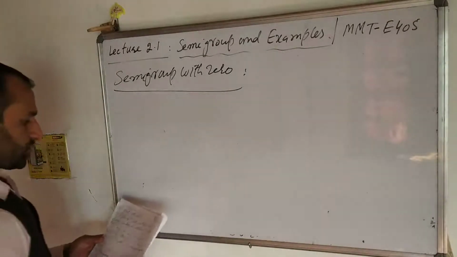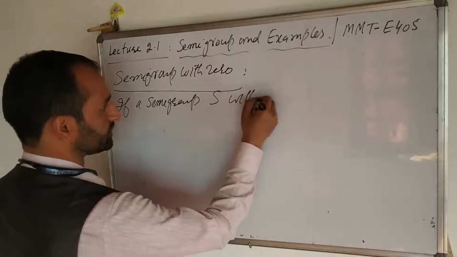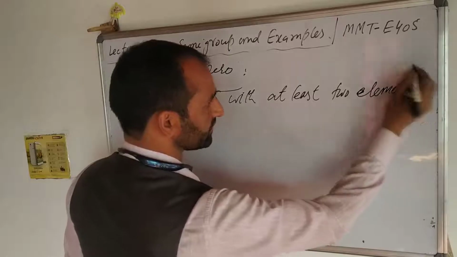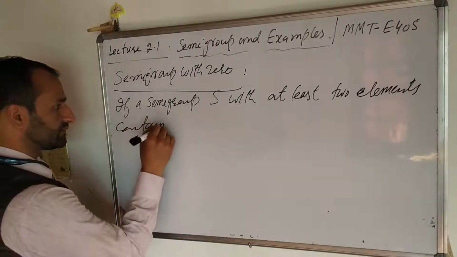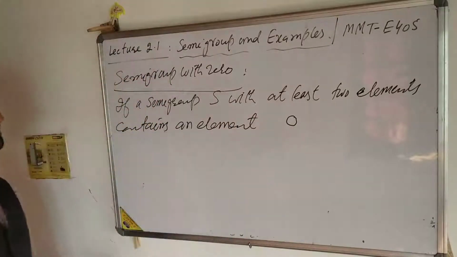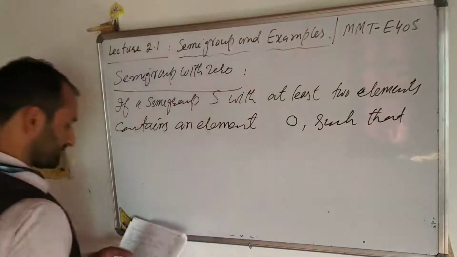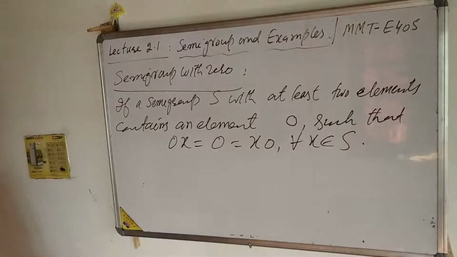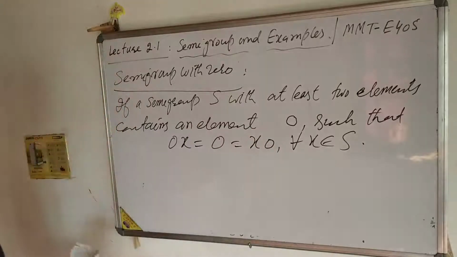If a semigroup S with at least two elements contains an element that we denote by the notation 0 (it is not the zero integer, it is just a notation) such that 0 into x is equal to 0 is equal to x into 0 for all x in S, then this element is called a 0.